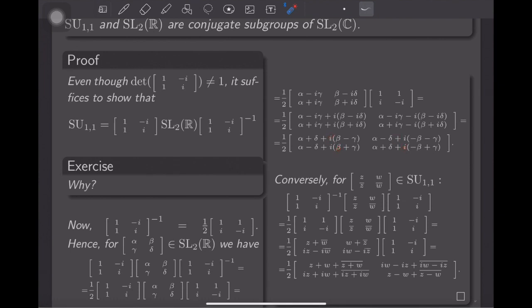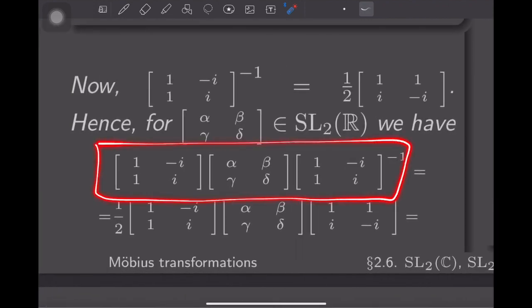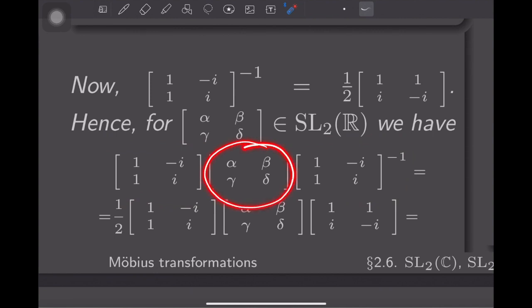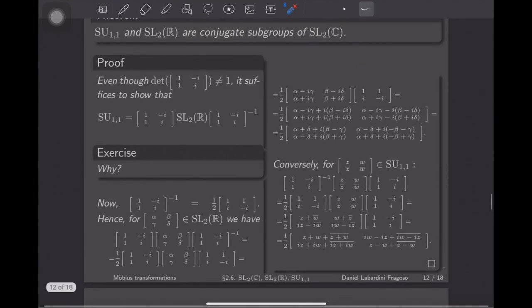Right? And actually, I don't have to compute the determinant, because the determinant of this is going to be just the determinant of this. And this one I know has determinant 1. So you see, it's really just matrix multiplication, and then I just use the explicit description of the elements of SU11.